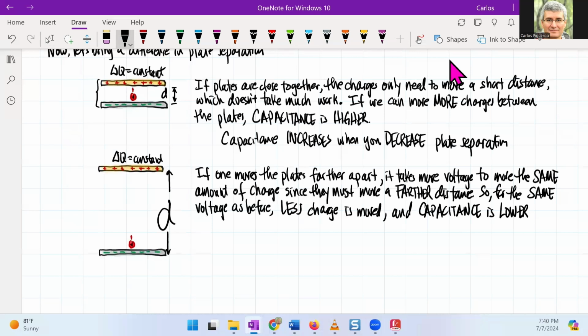In other words, capacitance decreases when you increase plate separation.